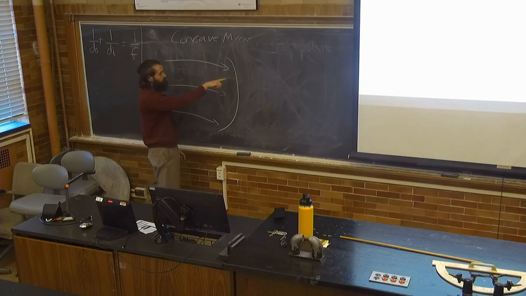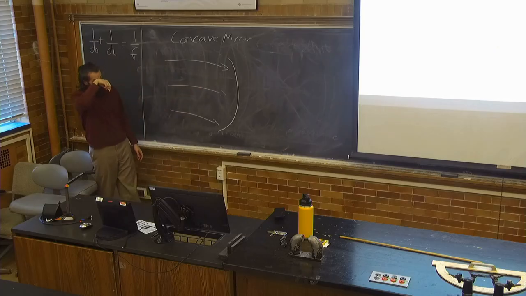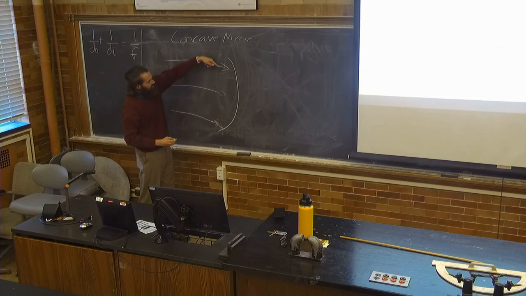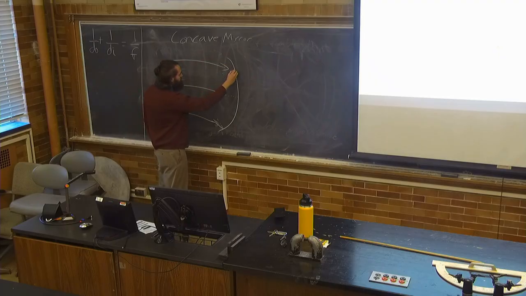Now for a mirror, the light rays are reflected. So if we draw our 90-degree angle at each of these points, the incoming angle has to be equal to the outgoing angle.